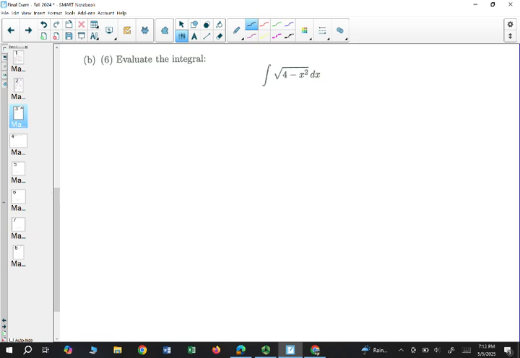Looking at the model for it, we have a constant minus variable. You could think of this as a constant squared minus a variable squared. And this invites us to draw the triangle.